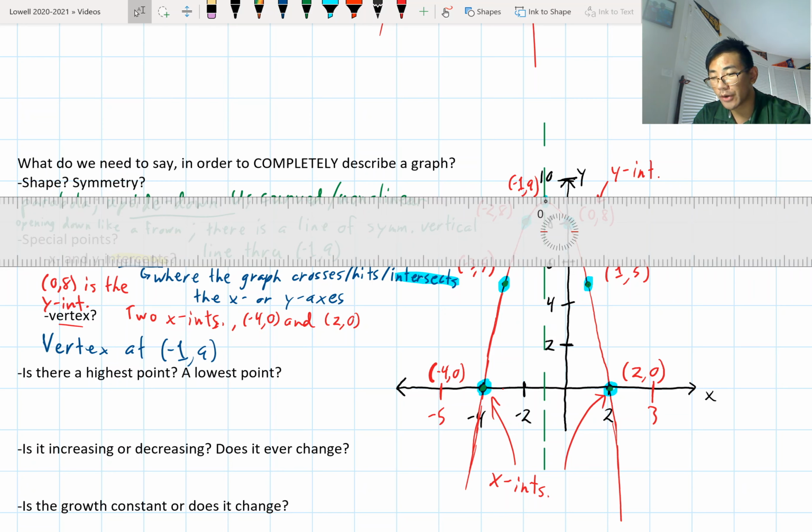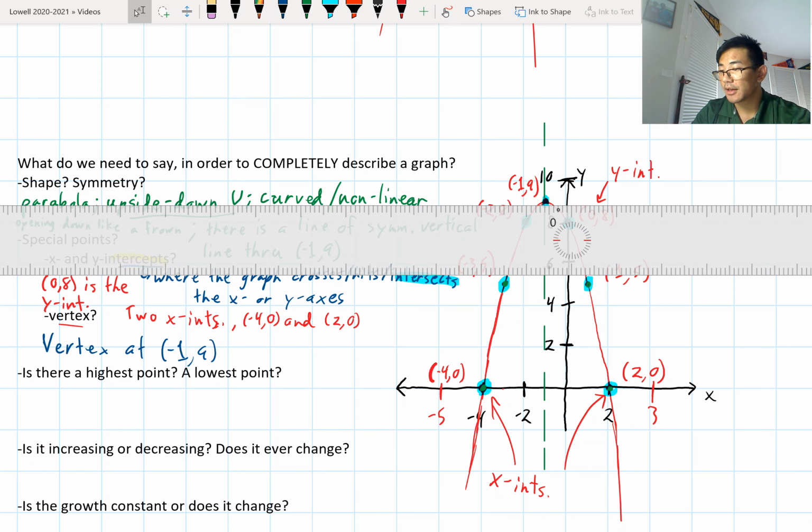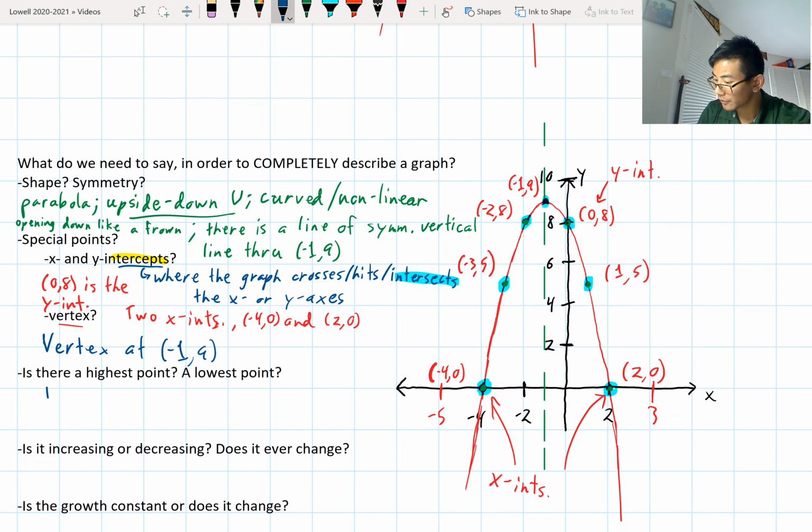And so where is the last y value that it touches before it leaves the graph? Is at 1, 9 there. And so the highest point is -1, 9, which again is the vertex, which I'll write there, the vertex.